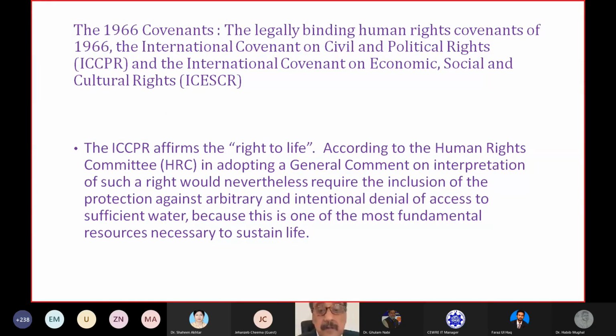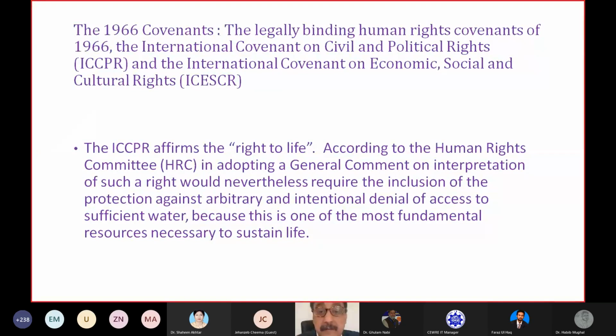The International Covenant on Civil and Political Rights and the International Covenant on Economic, Social, and Cultural Rights also mention it. But then there was a problem of interpretation, whether it is a specific one or an interpreted one. But the Covenant on Civil and Political Rights affirms the right to life.